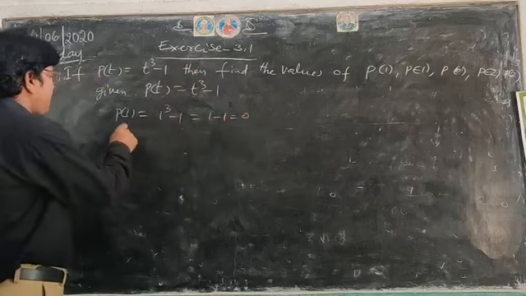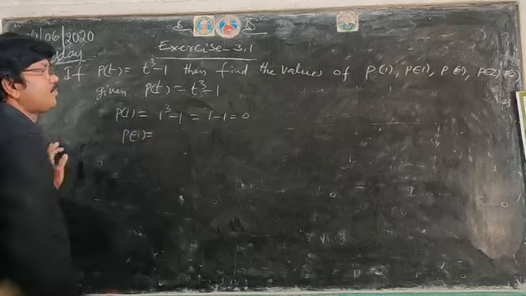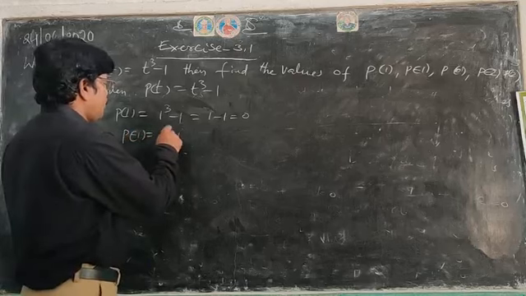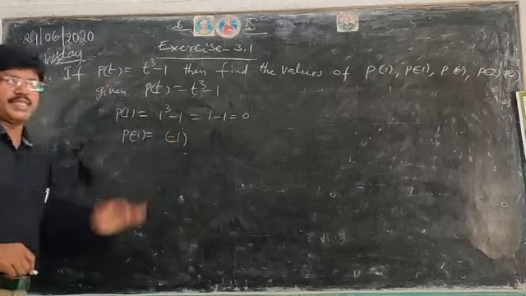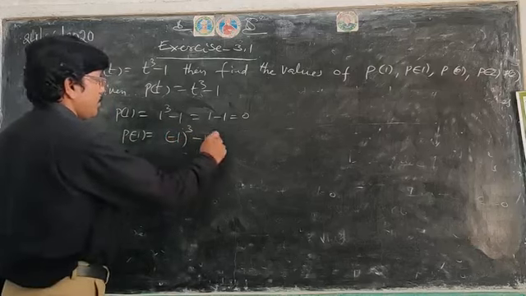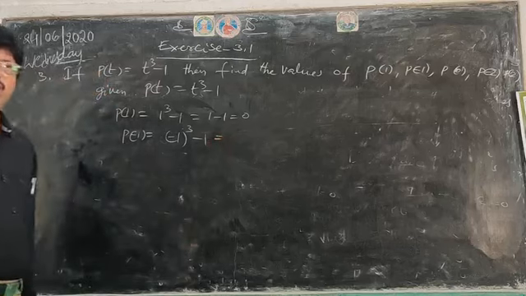Next, P of minus 1. Substitute minus 1 instead of t: minus 1 whole cube minus 1.